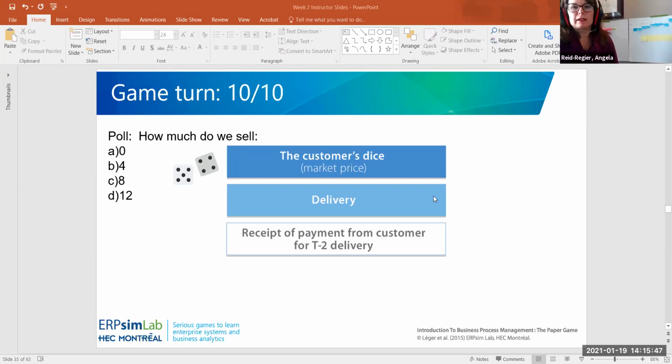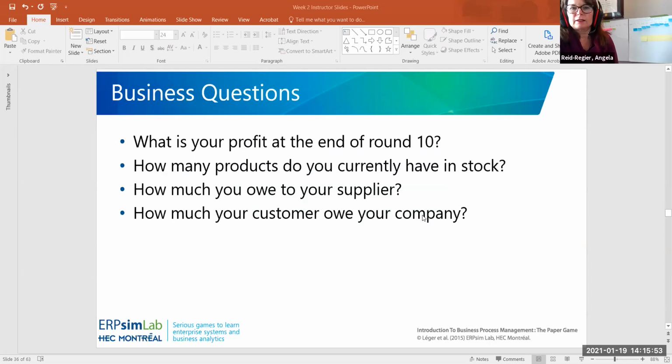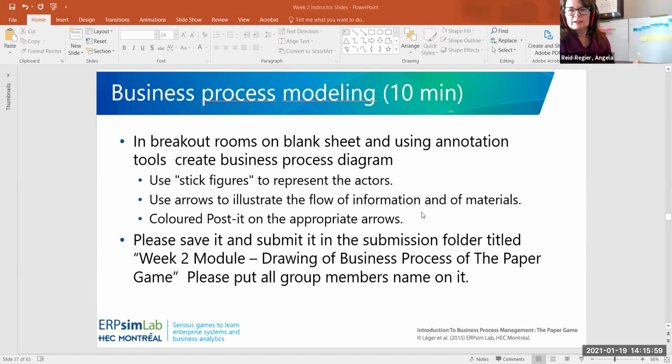But what you need to do now is draw the business process. So you're going to do business process modeling. In class, we did it together, but if you weren't in class, you have to draw what happened.